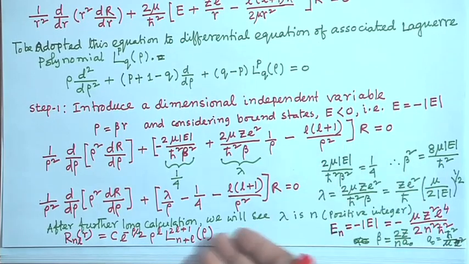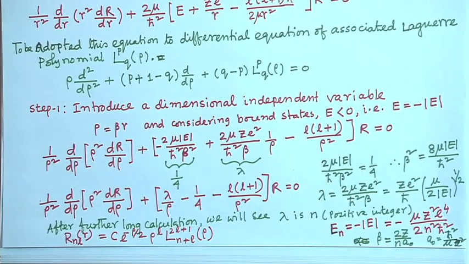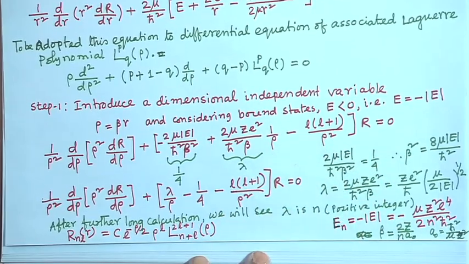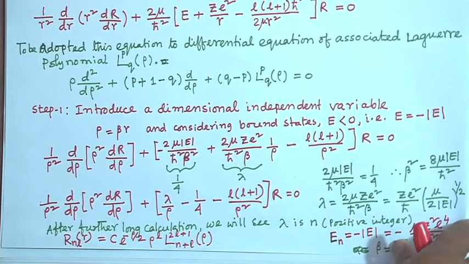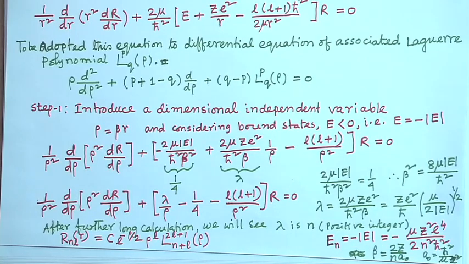That part I could not show you, for that one has to do more calculation, but let us accept it, and it will come in a natural way. We are more interested in discussing the physics considering this wave function, okay.